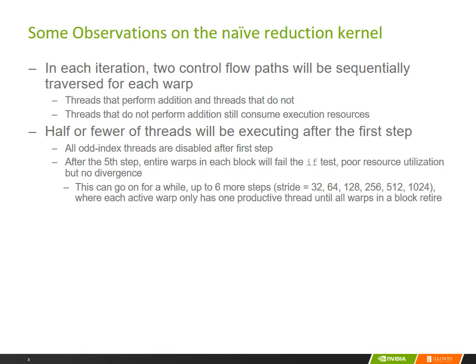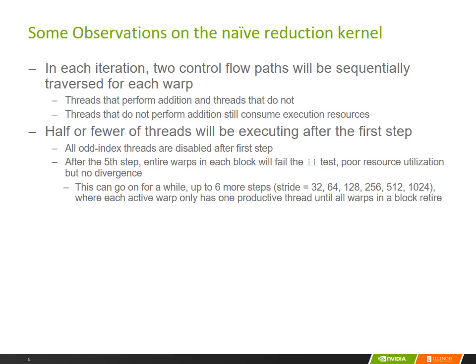In the second step, all the odd threads are disabled, and after the fifth step, we will have entire warps in each block that fail the if test, so entire warps will be turned off after the fifth step.